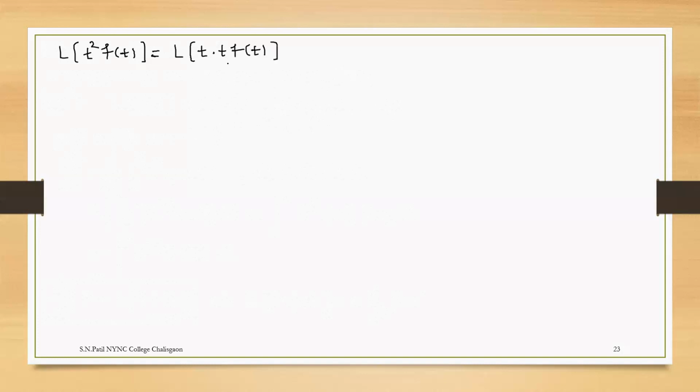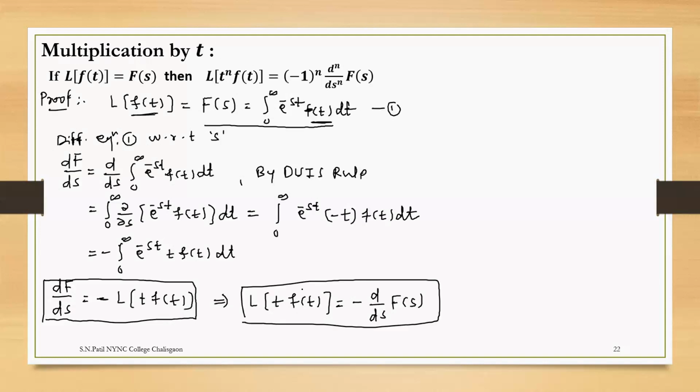And we know that t into a function is minus the derivative of F of s. F of s means the Laplace of f of t. So instead of F, we write the Laplace of f of t.